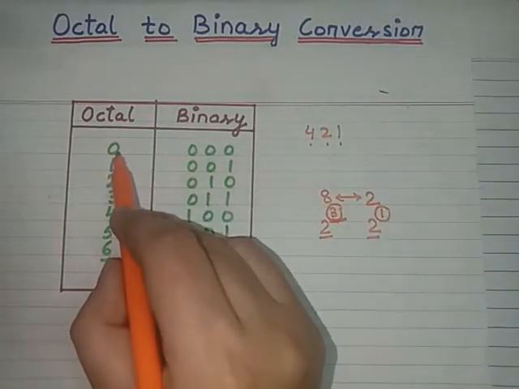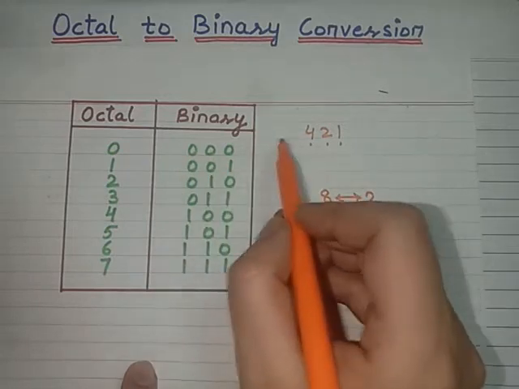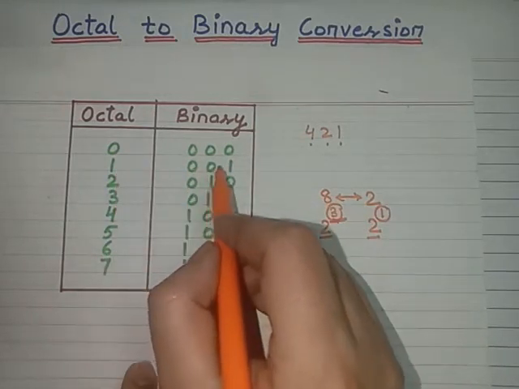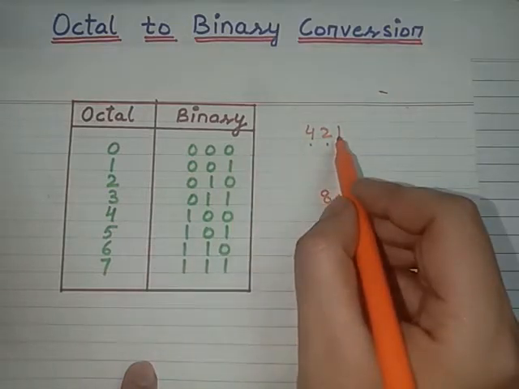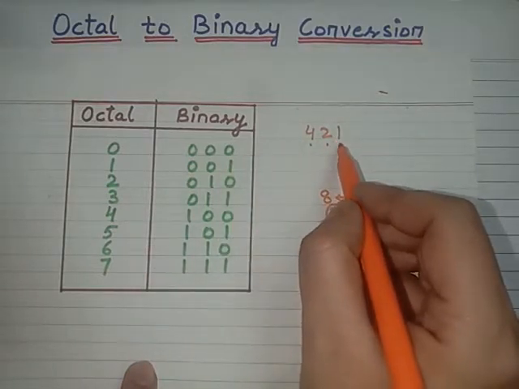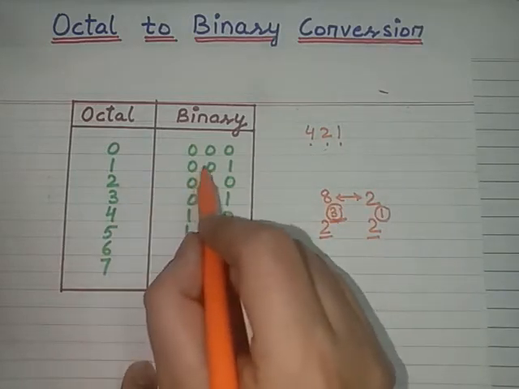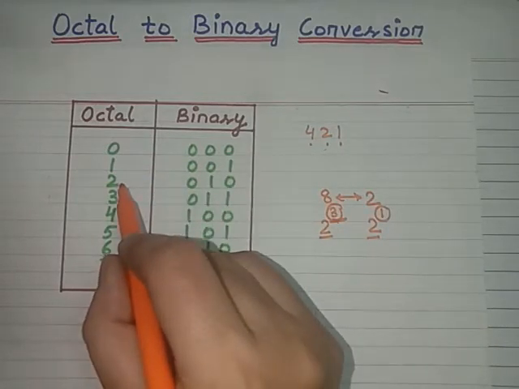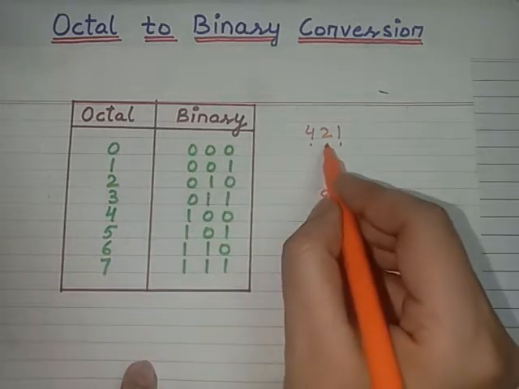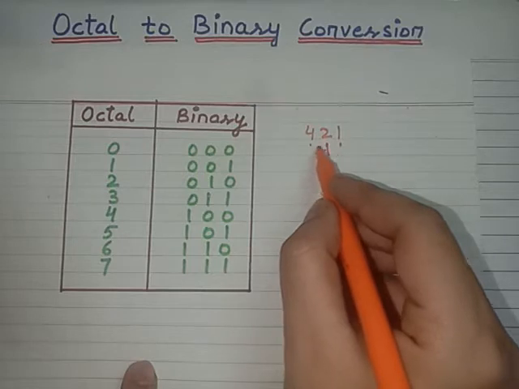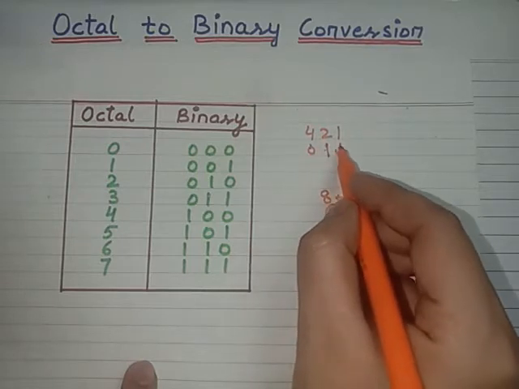So 0 will be equal to 000 and 1 will be equal to 001. As I am going to consider just this one, all other bits will be 0. For the code 2, I will be considering the 2 only, so that's why the 2 is 1, and otherwise all the digits I don't want are 0 and 0.